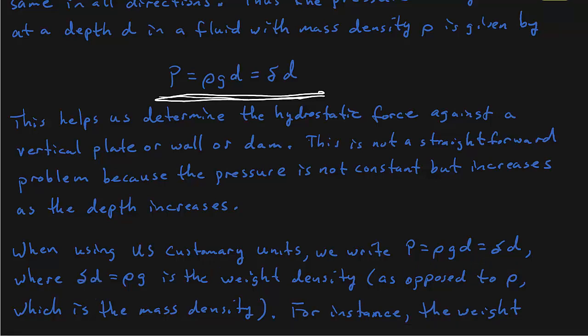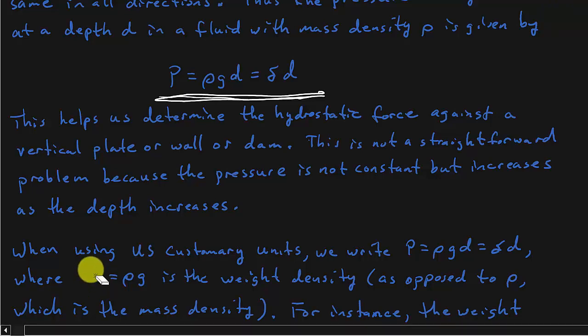And I wrote this wrong here. I thought it looked weird as I was reading it, but this should be delta is equal to rho times g. We're replacing this rho times g with delta when we're in customary units.